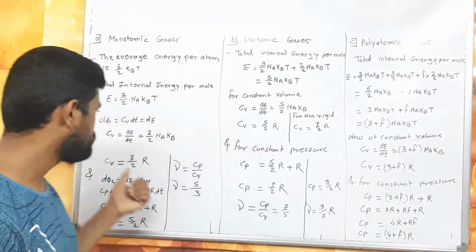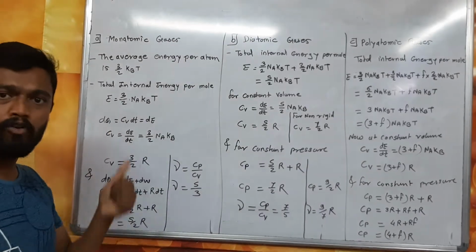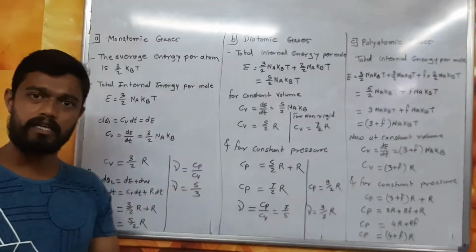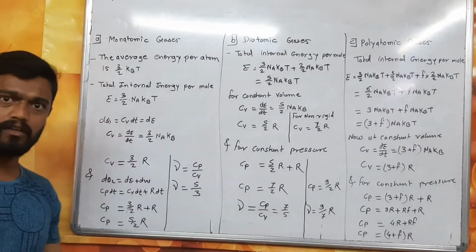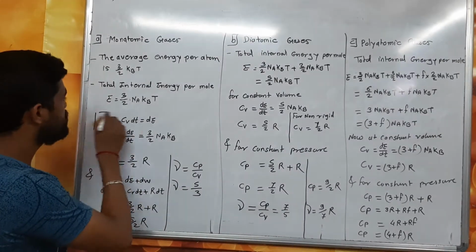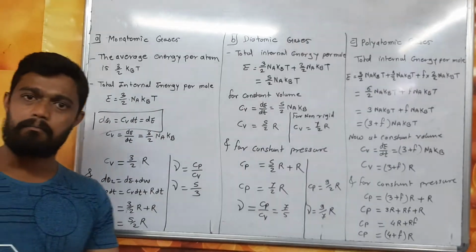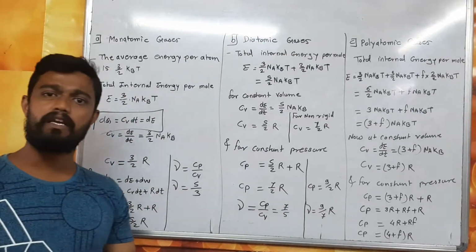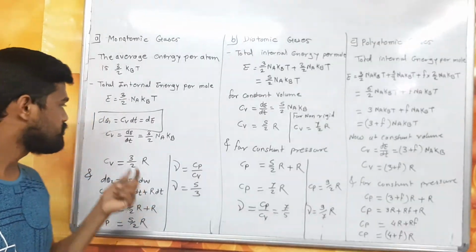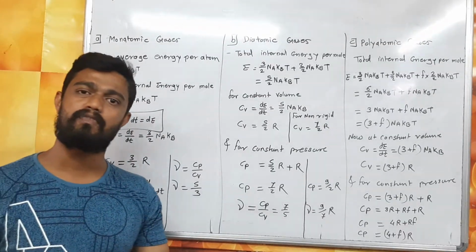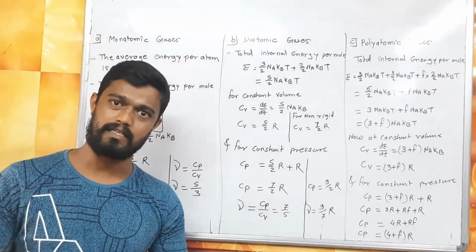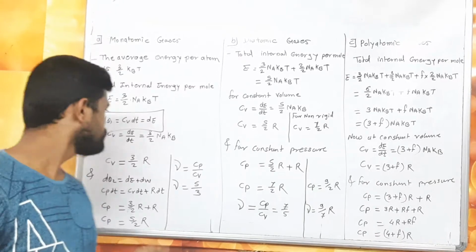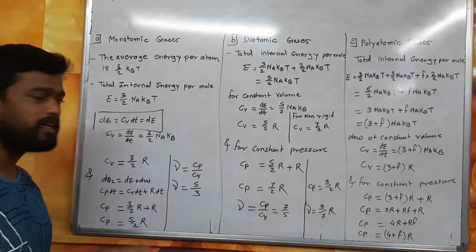For constant volume, the amount of heat dQ1 is equal to Cv dT is equal to dE. This equation we already discussed in the Mayer relation. Now we find Cv, the specific heat capacity of a gas at constant volume. So Cv is equal to dE upon dT.